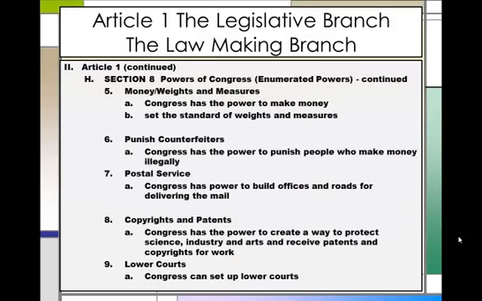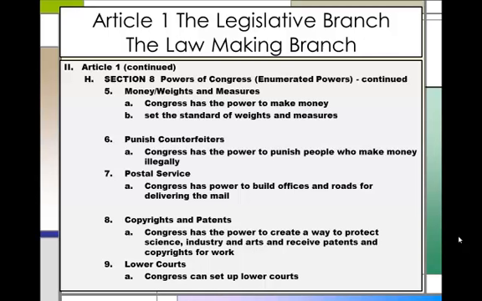They also are the people who set our money, weights and measures. They determine what money we'll use, what value we'll use for weights like pounds versus kilos, and they'll also determine our measurements. We use inches and feet, where most of the rest of the world uses metrics.